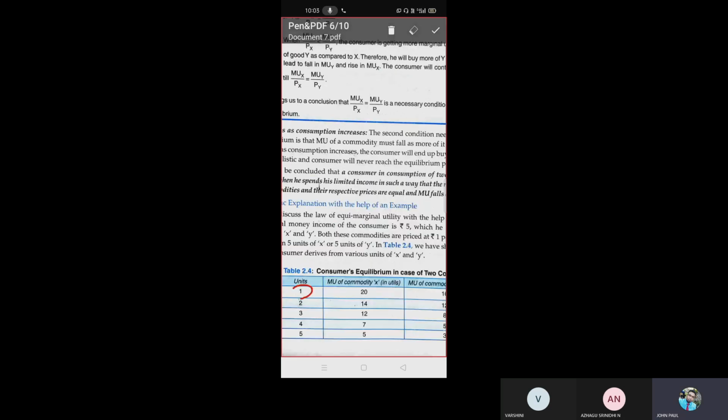When we consume for the first time, the marginal utility of dairy milk goes to 20 and the marginal utility of munch is 16.